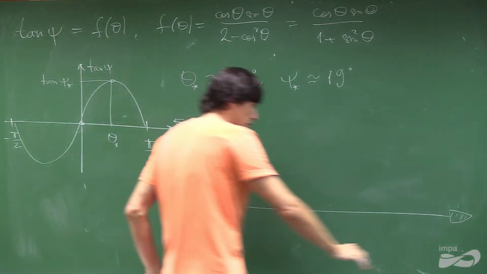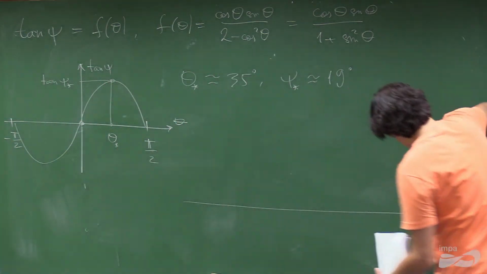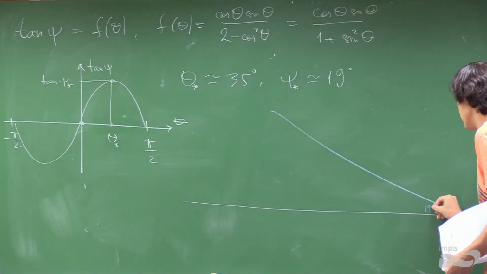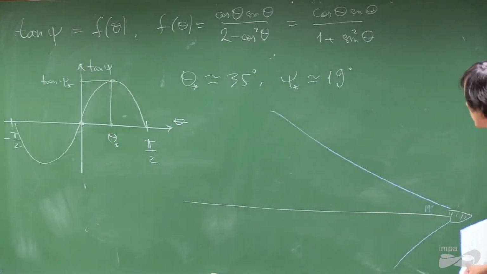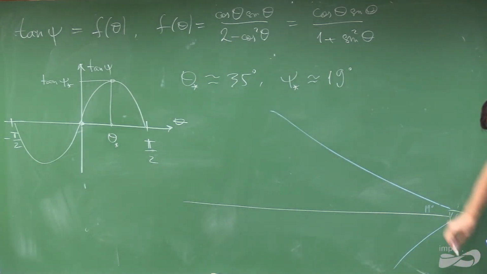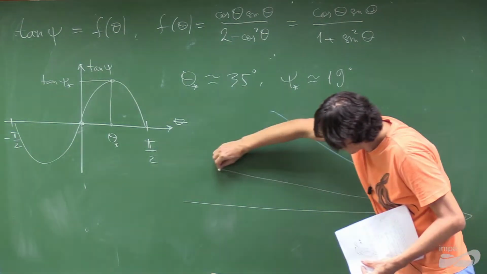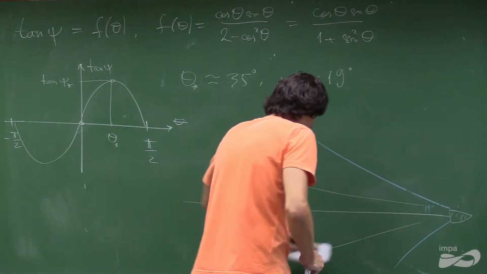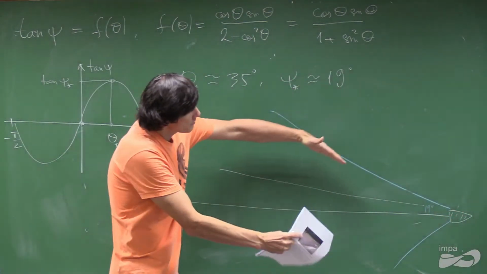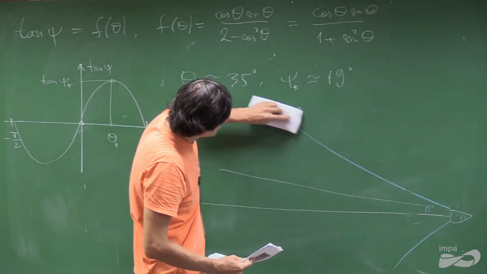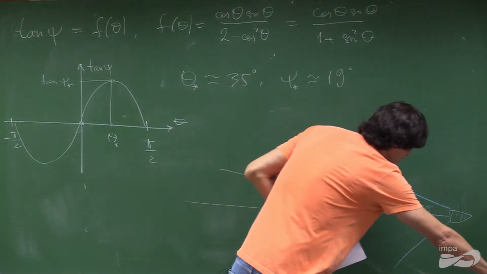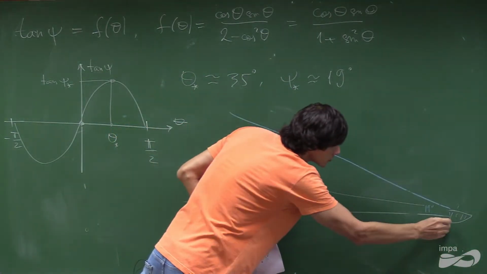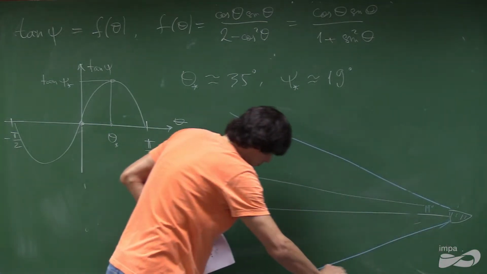So there is a critical angle, which is 19 degrees. Nothing happens outside this angle, and we will see that it's really true. No wave appears outside this part.